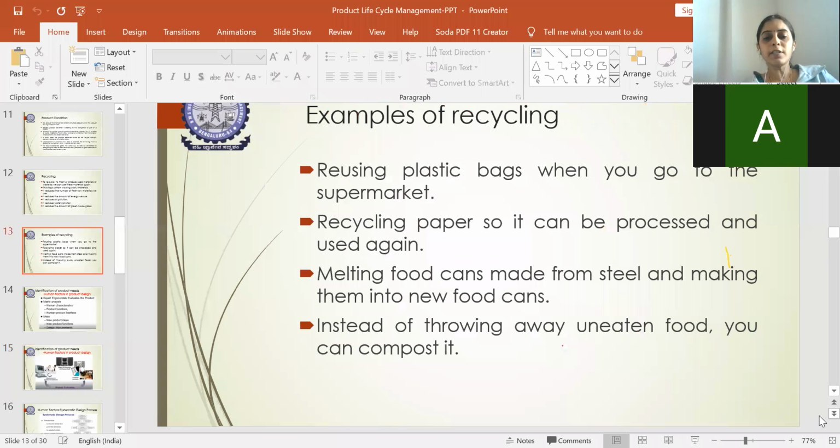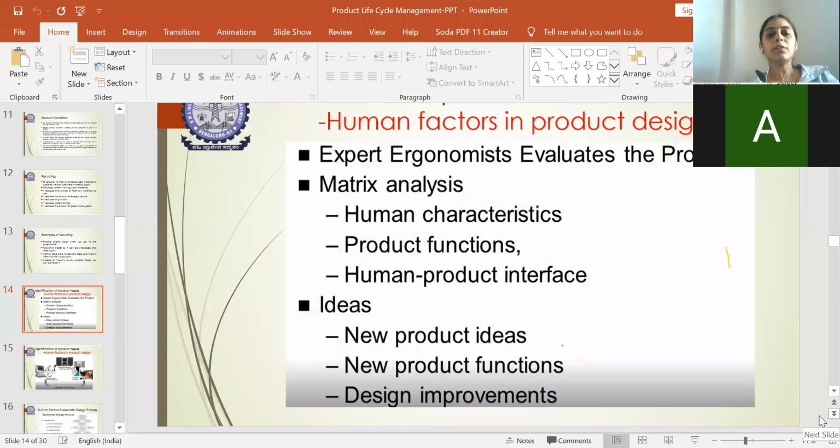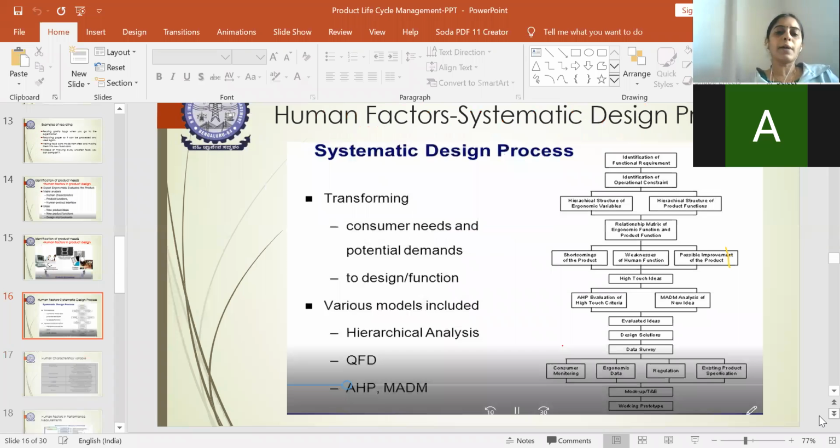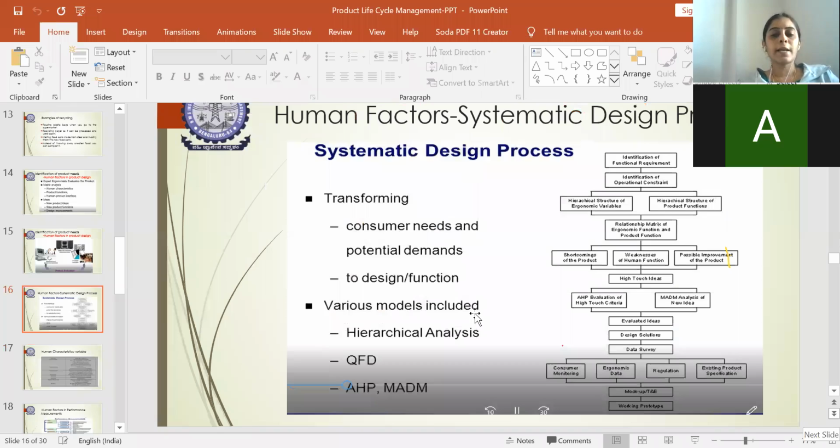Okay, so the first one is related to ergonomic and other characteristics, and then the human factors in product design. I'm not going to explain the systematic design process now. We have done with the design process already, and the ancient design models which originated were also discussed. In each and every aspect, even the human being intervention is associated. So that is correlated here.